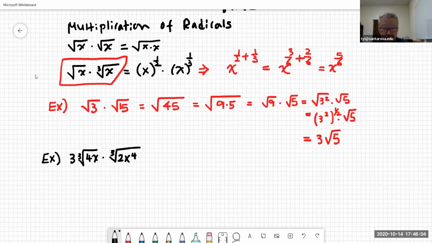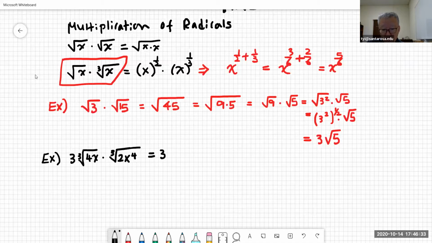The only thing I can see here is that we have a cube root on both of them. But the other thing is that we have a 3 outside of the cube root of 4x. Since we have a cube root on both sides, I can just multiply these two.